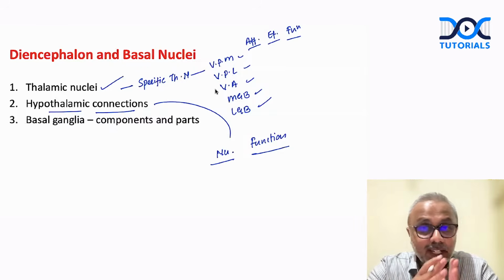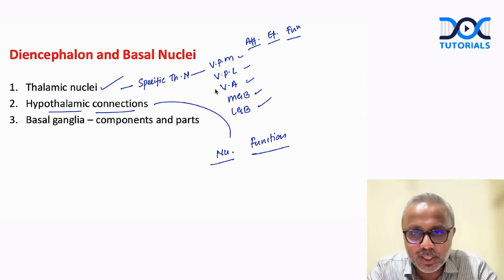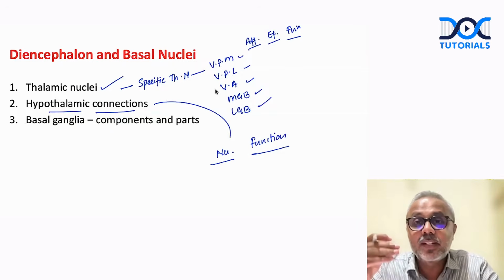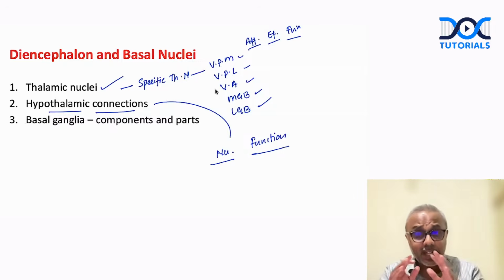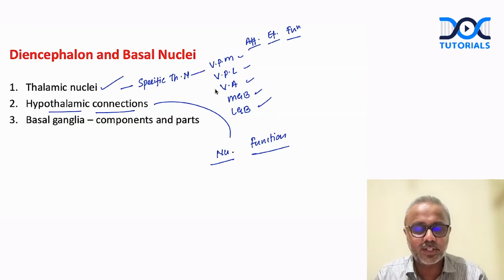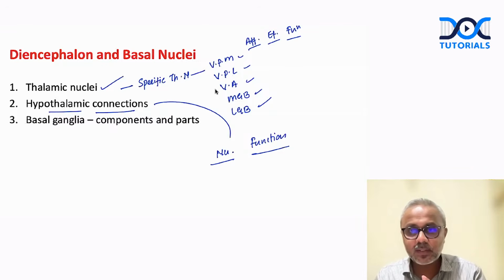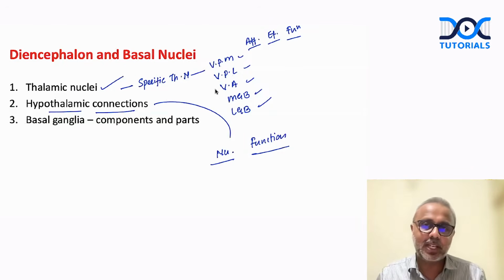Showing where exactly the preoptic nucleus lies, supraoptic nucleus lies, paraventricular, then mammillary nucleus, ventromedial, dorsomedial, anterior and posterior. If you can draw this and in the diagram, if you can show the function, nothing like it. Okay. So don't leave thalamus and hypothalamus. At least read about the 5 specific thalamic nuclei, at least 6 to 8 hypothalamic nuclei and its function.